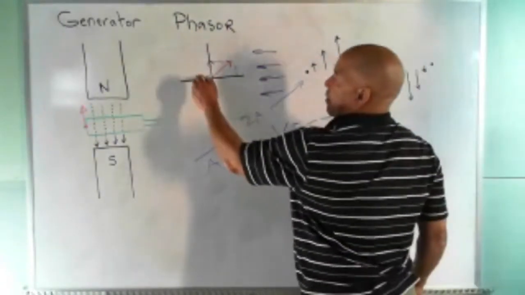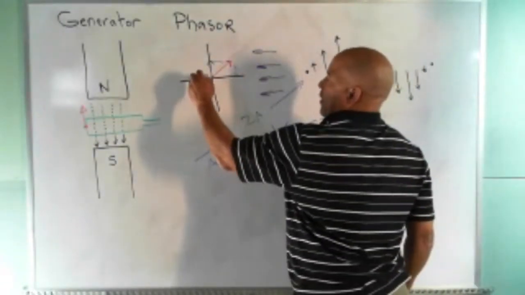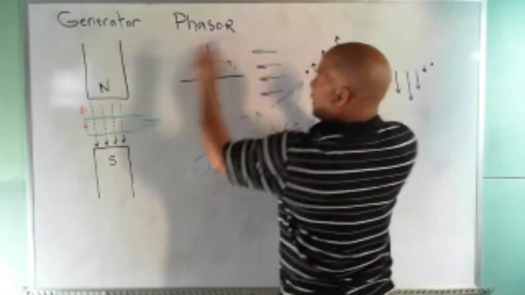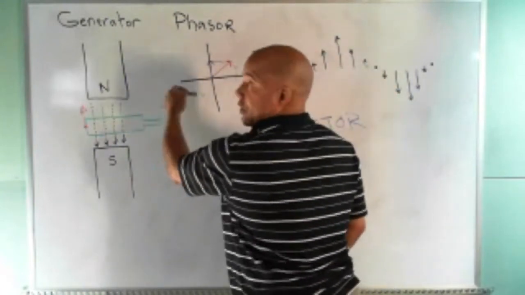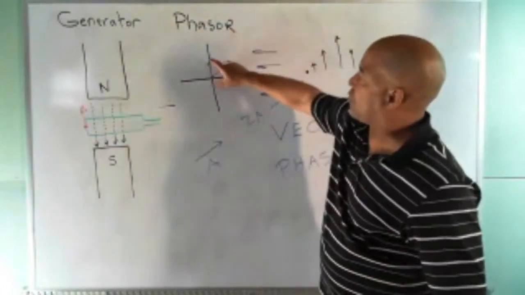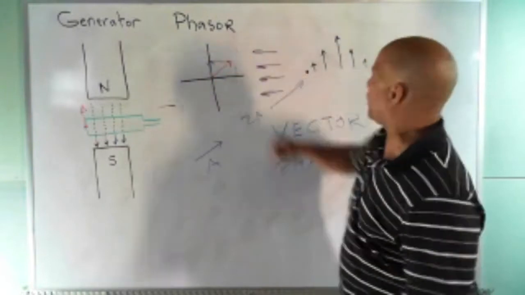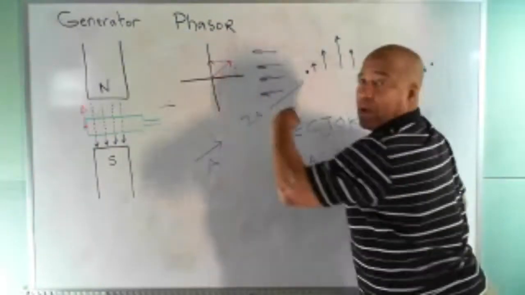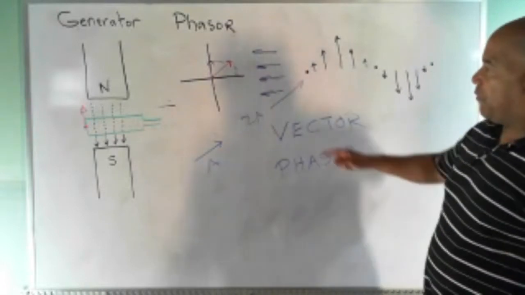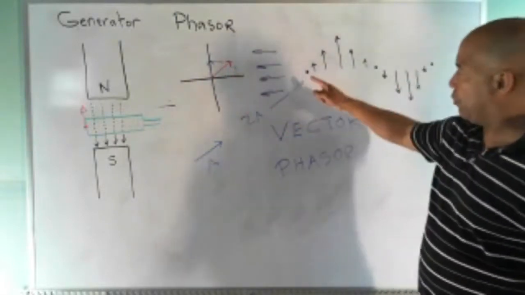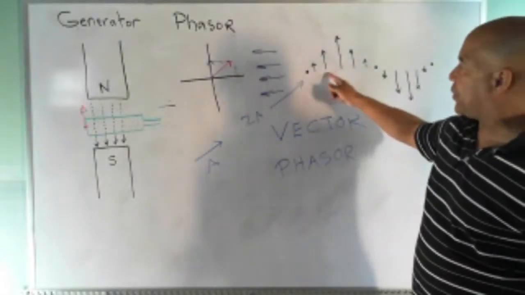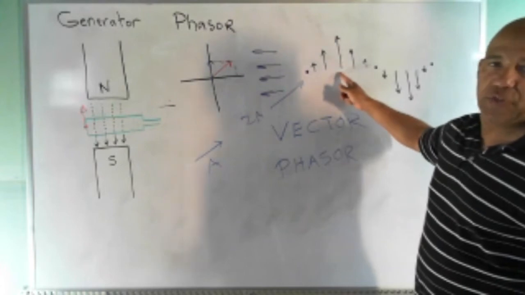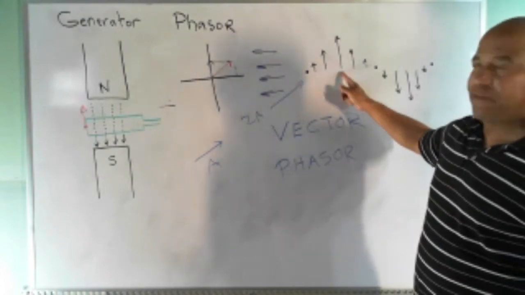And then over here, when the phasor is over here, now I have to move the light source over here so it's shining back this way. But now instead of growing, the shadow is shrinking. So if you plot the shadow of this thing all the way around 360 degrees, what you get is a diagram like this. Here's 90 degrees where that shadow is maximum, the same height as the phasor.